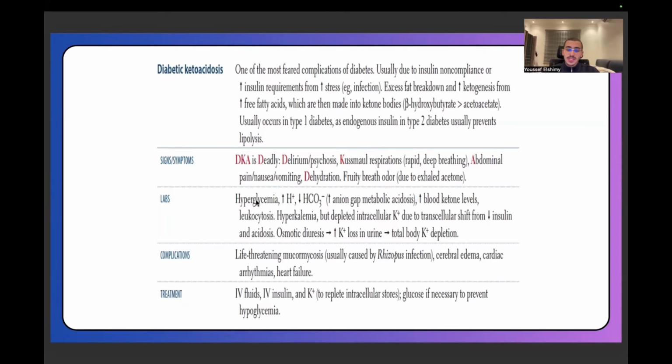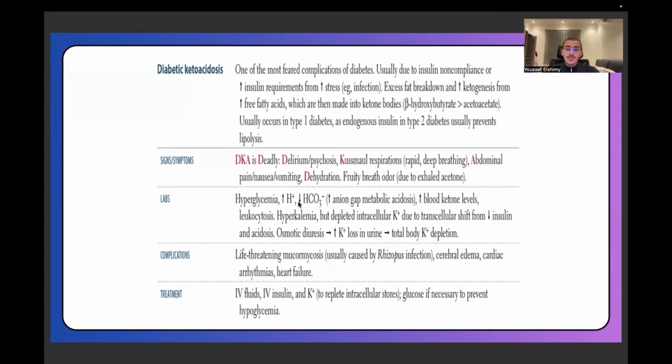What are the labs? Hyperglycemia, of course, because you don't have insulin. Increased hydrogen as well as decreased bicarbonate, due to the increased anion gap metabolic acidosis caused by the ketone bodies. If you measure the blood ketone levels, they would be high. Also, there's hyperkalemia, but this hyperkalemia is relative because you already lose potassium through urination and through vomiting.